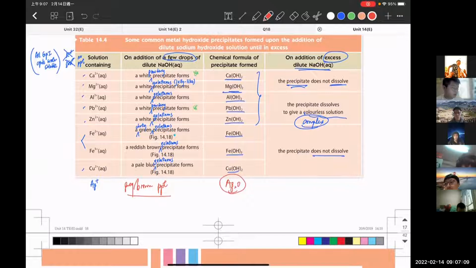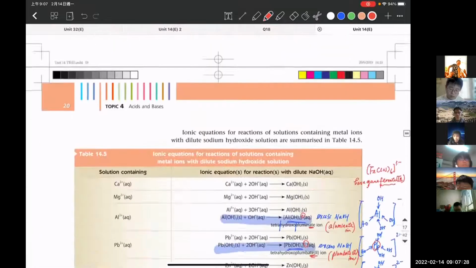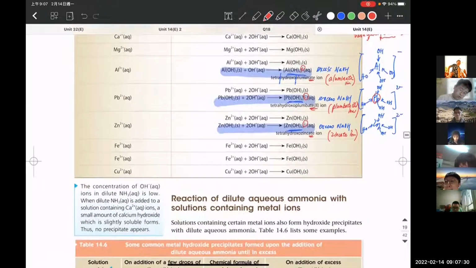Instead, we have got silver 1 oxide. So I would like to ask you guys how to write down the equation. Now you may search on the web. What is the chemical reaction involved?